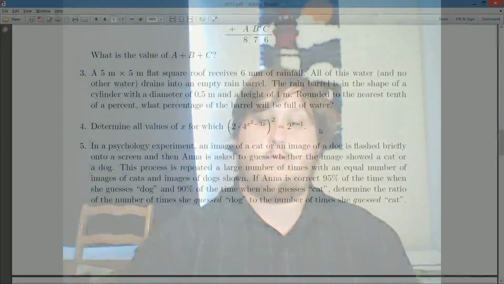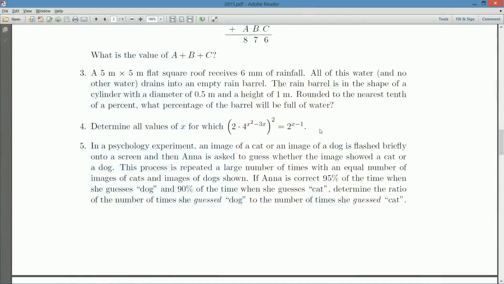But in this case, since we've got a lot of exponents, we want to think of 4 as 2 to the exponent 2. And we're going to use our exponent laws and simplify the expression on the left side to be 2 to the something. It'll probably involve x's. We'll have 2 to the something involving x is equal to 2 to the other something involving x.